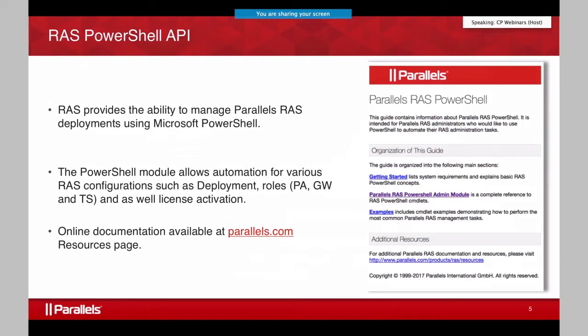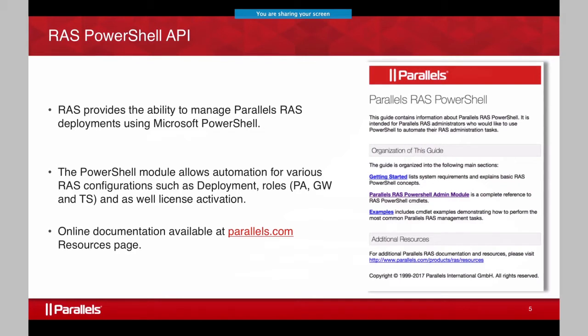We can see getting started, the requirements on the server side, and the admin module, and we provide examples that include command extensions and how they work. So it's not empty, and it's nothing you would not be able to do on your own. If you have questions when you use PowerShell, you can engage the Parallels pre-sales team and our support group.